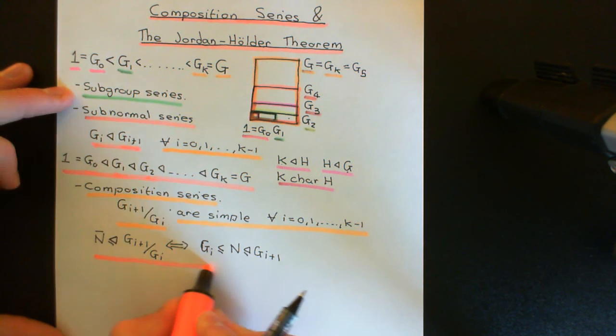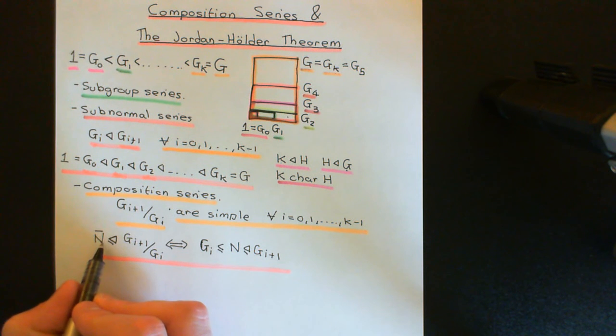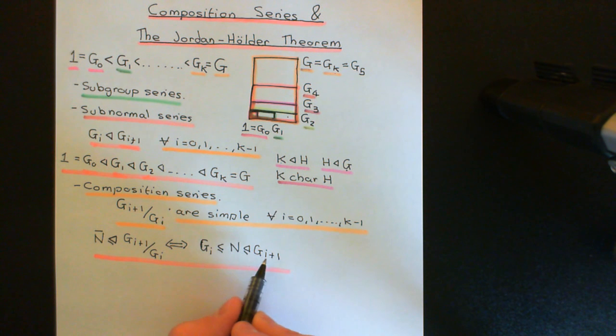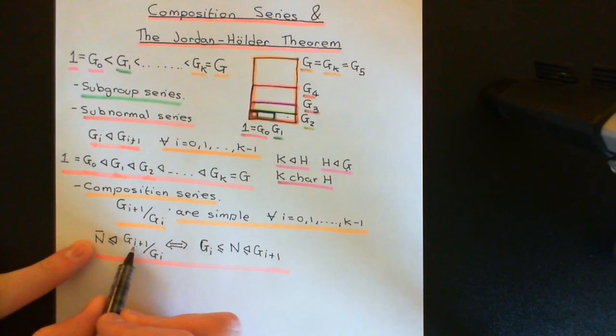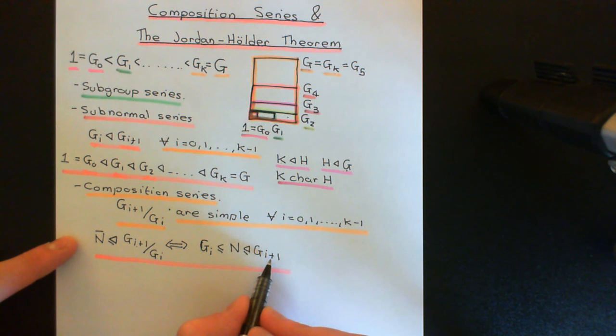Just to make this concrete, the trivial subgroup here will correspond to this subgroup G_i here, which will evidently be a normal subgroup in G_{i+1}, because G_i was normal in G_{i+1} in order for us to quotient G_{i+1} out by G_i. The improper subgroup here will correspond to G_{i+1}, which is evidently a normal subgroup in G_{i+1}.